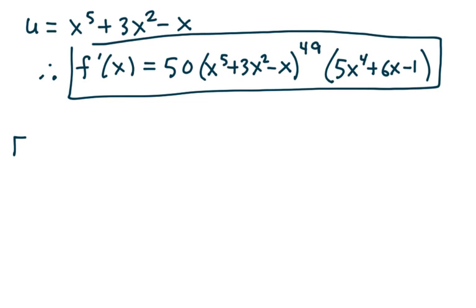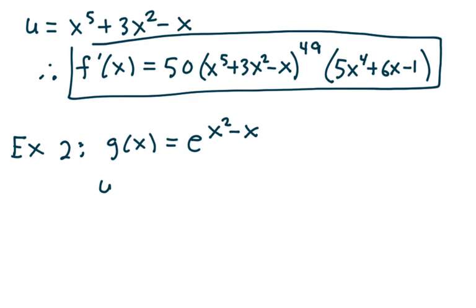So let's take a look at another example. Suppose I did g of x is equal to e to the x squared minus x. So I'm going to let u be equal to x squared minus x.